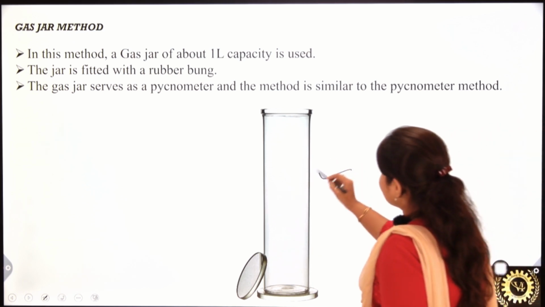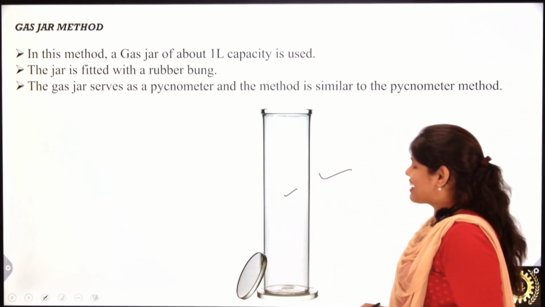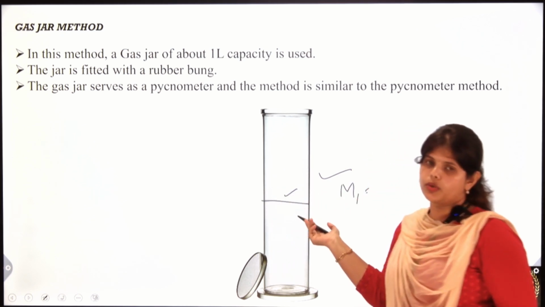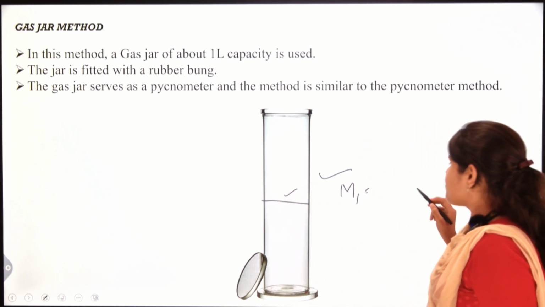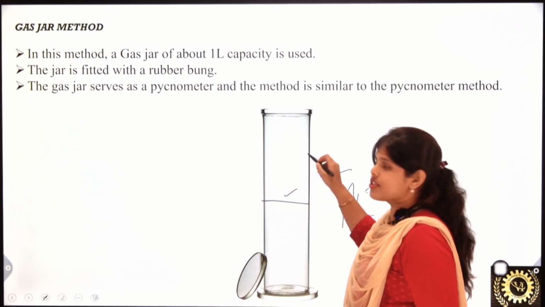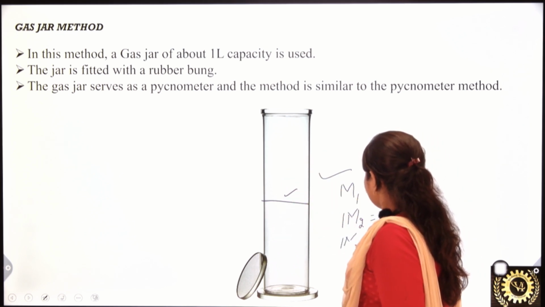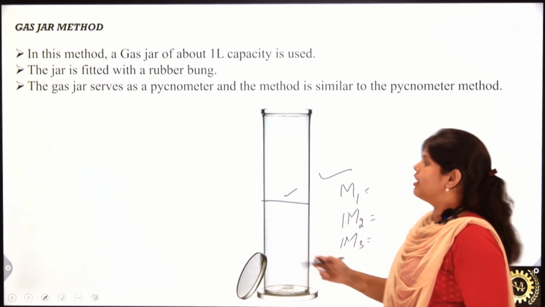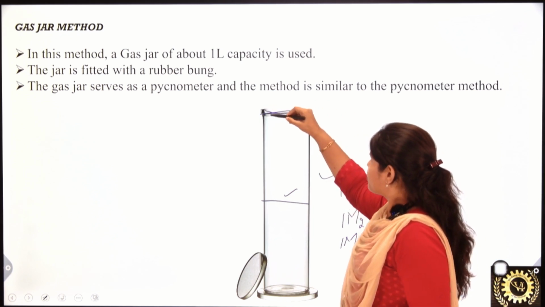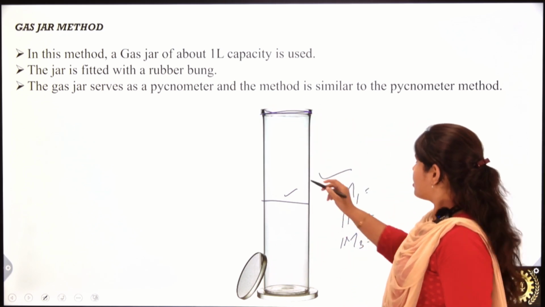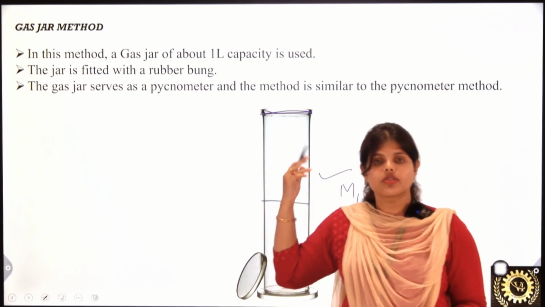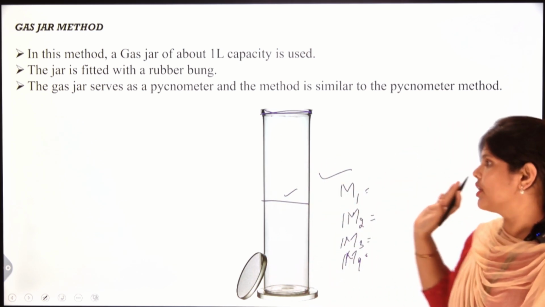First we take the weight of the gas jar as M1, then fill it with some soil and take that as M2. Next, addition of some water, take that as M3. Then completely filled with water up to this level, we take that as M4, and then we use the similar formula as the density bottle method.